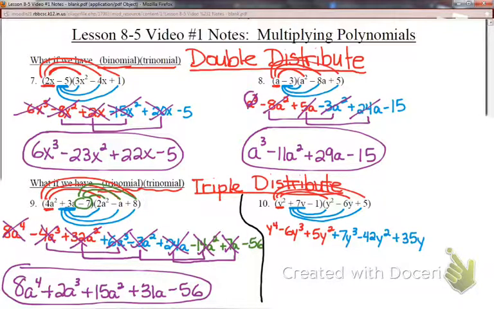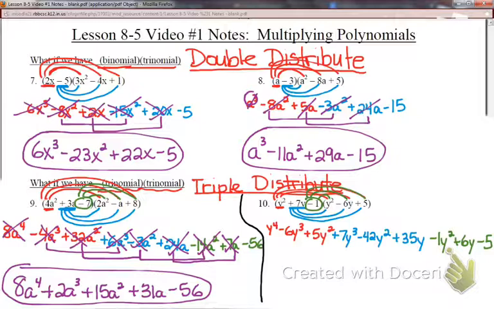And then we have our negative 1. We're going to distribute that times each item in the second parentheses. So negative 1 times y squared would be negative 1y squared. Negative 1 times negative 6y would be a positive 6y. Negative 1 times positive 5 is minus 5, negative 5.